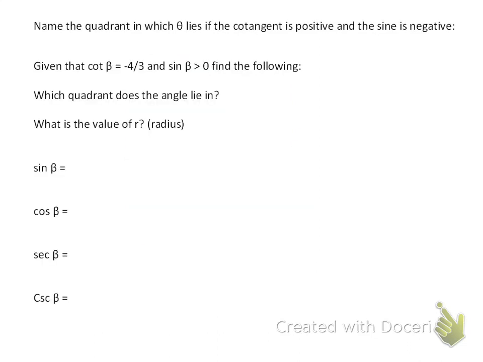All right, so now name the quadrant in which theta lies if my theta's cotangent is positive, but the sine is negative. All right, well, because the sine is negative, which quadrant's out? The top one, quadrant 1. Okay, so where, other than quadrant 1, is my cotangent positive?